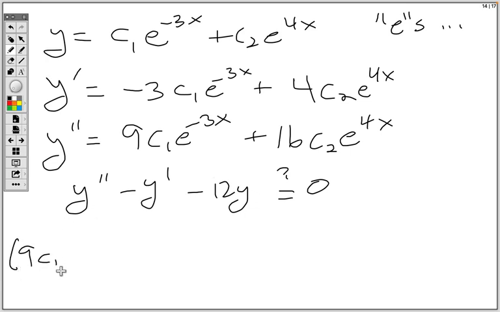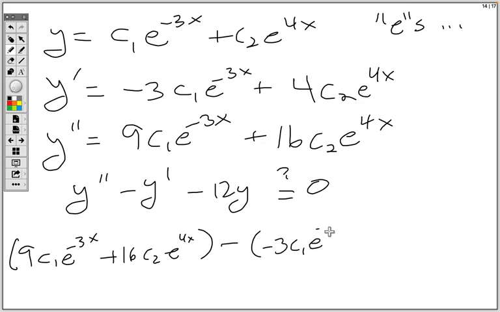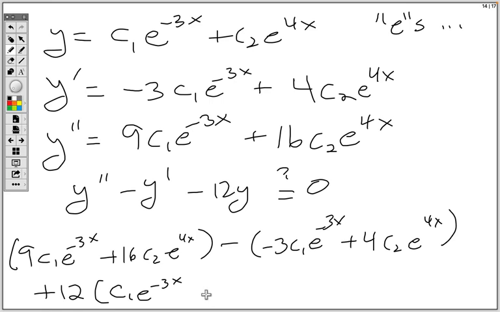I've got 9c1 e to the minus 3x plus 16c2 e to the 4x, minus, -3c1 e to the minus 3x plus 4c2 e to the 4x, minus 12 times c1 e to the minus 3x plus c2 e to the 4x. Does that equal 0?